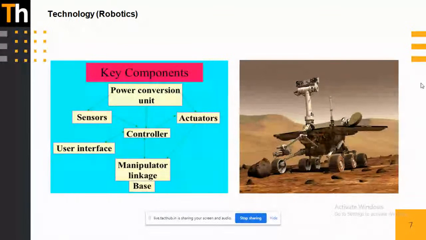Everywhere now people are searching for devices where minimum human access will be needed. That's why the concept of work from home came. So robotic technology is also playing, and going to play, a very important role.